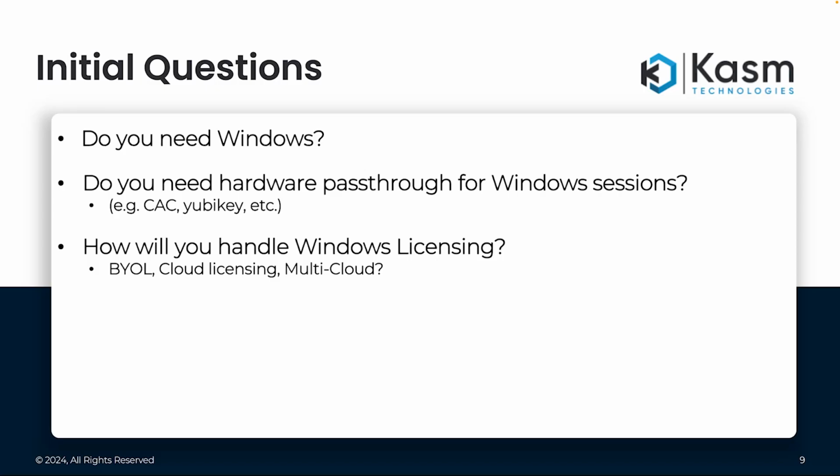Do we need to leverage hardware pass-through, right? CAC, YubiKey, security auth tokens, anything like that? Do we need to forward that functionality through to the ultimate end RDP workspace?